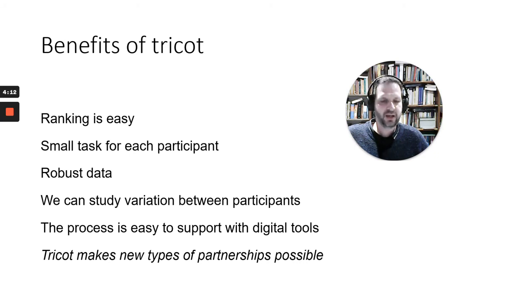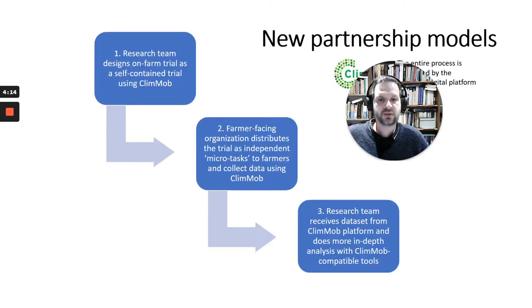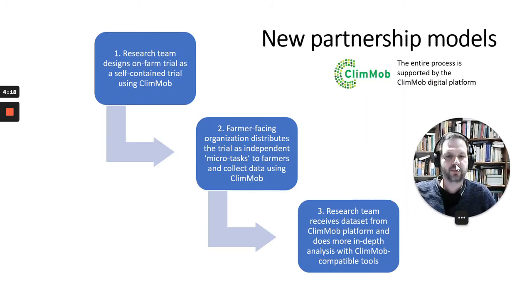And that is very interesting because that also allows us to think about new types of partnership models where the research teams design the trials, but then outsource this whole process. So really let the farmer-facing organizations, as we call them, give this leadership to the process, and then deliver back a data set through the ClimMob platform.